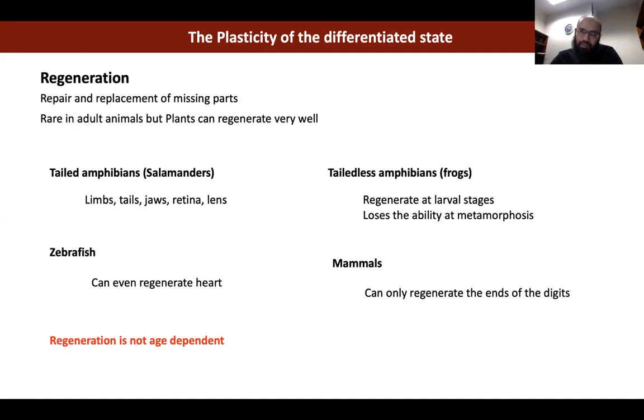They removed the lens of these salamanders 18 times, over around 30 years of age, and every time the salamander grew it back. That was a remarkable discovery that it's not age dependent. One might think this regenerative capability will be lost as the animal ages, but that's not true, at least not in the case of salamanders.